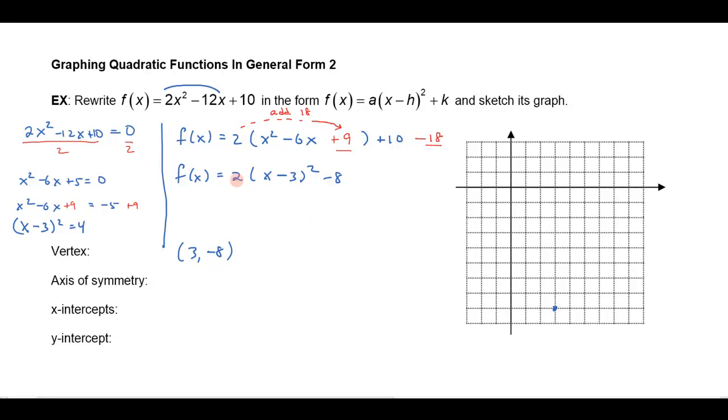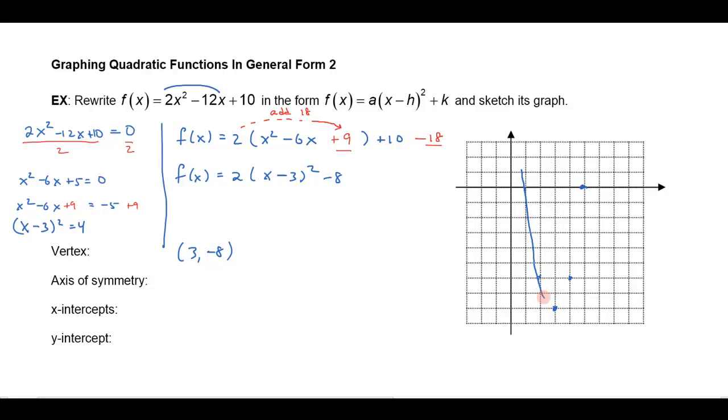And instead of going over 1, up 1, I'm going to go over 1, up 2, because that stretches the normal x squared graph by a factor of 2. Instead of going over 2, up 4, I'll stretch that by going up 8. I'll double the 4 to 8. So that gives me a parabola that looks something like this.